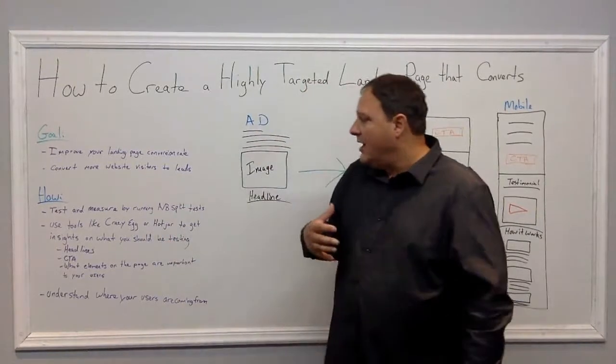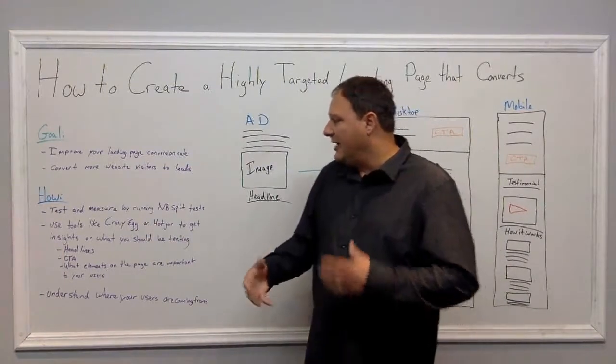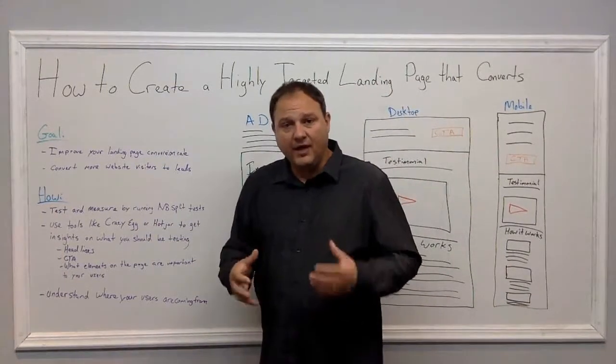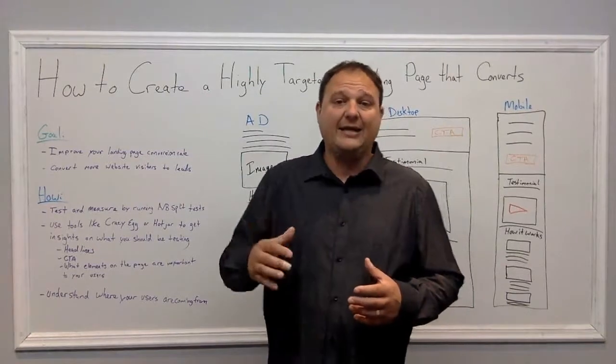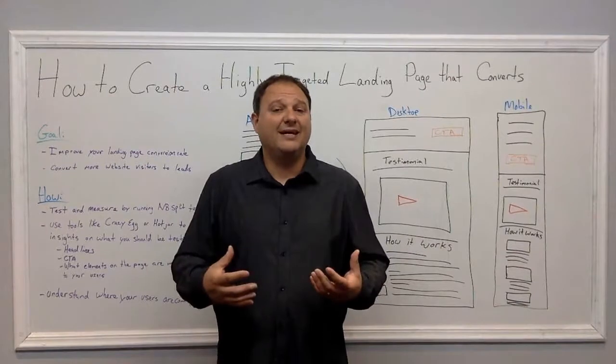I like using tools like Crazy Egg or Hotjar to get insights on what you should be testing. I really like Crazy Egg because you can actually run A/B split tests right in the platform, which will save you a ton of time.